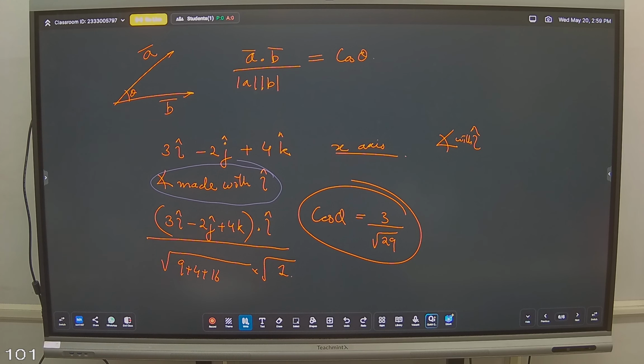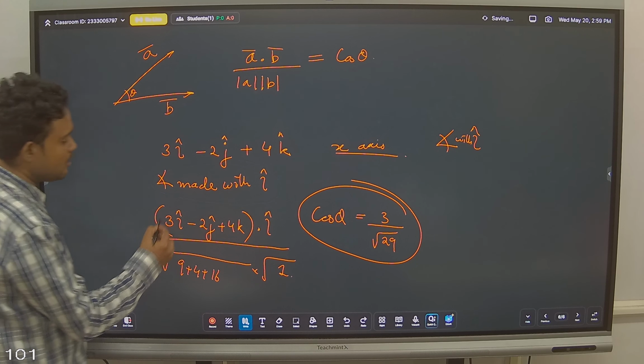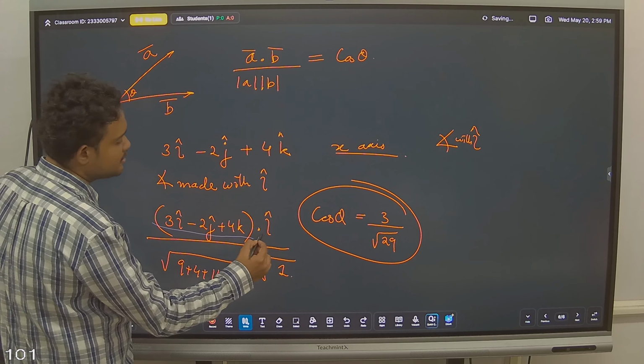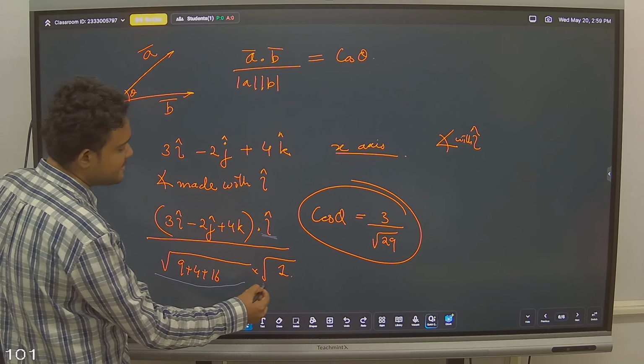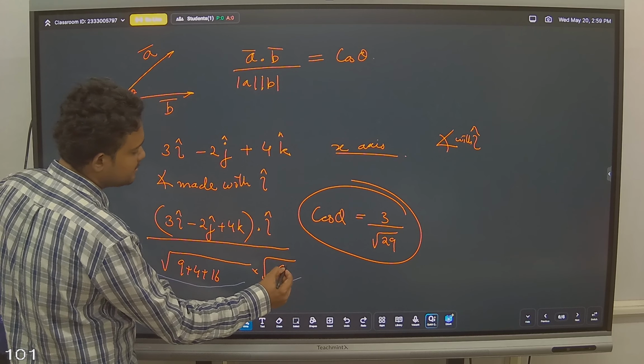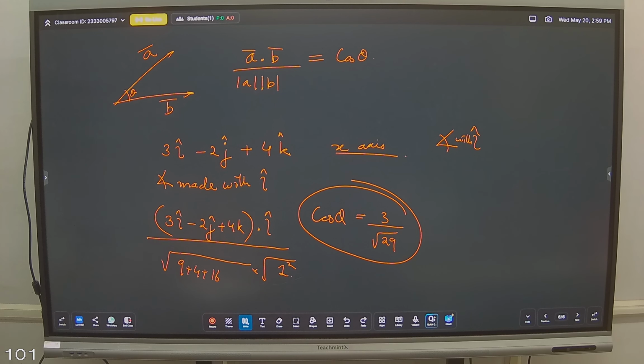So I did the original vector dot I vector divided by the modulus of the original vector and the modulus of the I cap vector. So you use I cap instead of the B vector. Yes, the B vector was I cap. That's it. Okay.